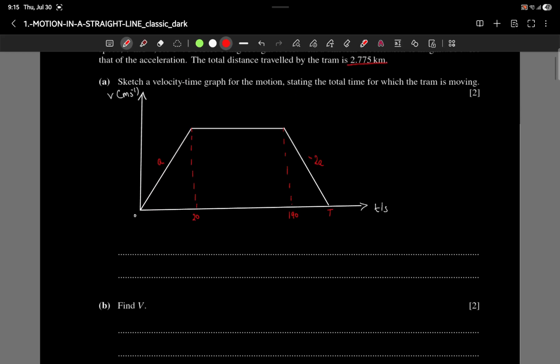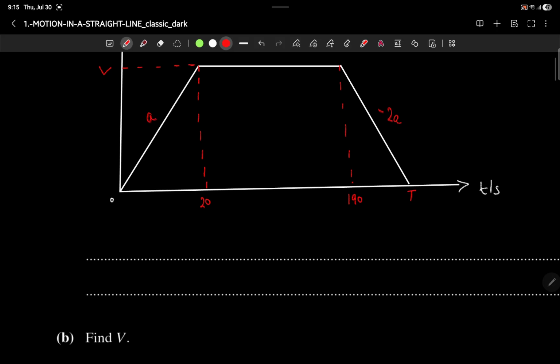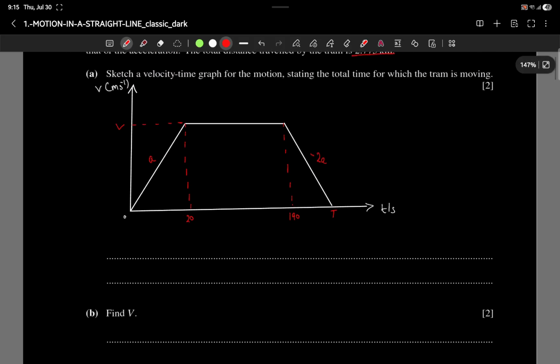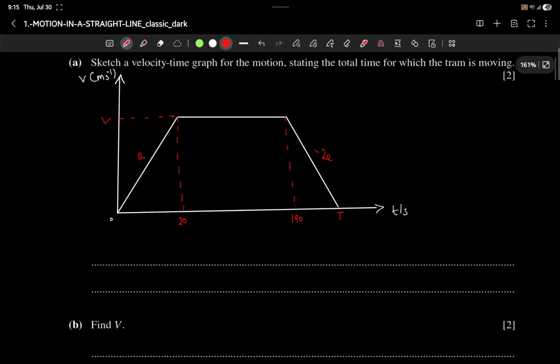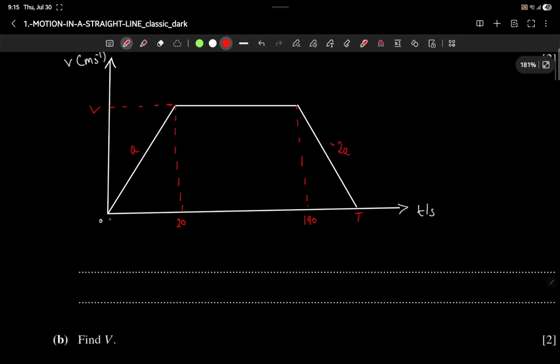Now find v. So v is this constant speed over here. How can we find v? There is one way we can find v. The first step is that from here to here it's 20 seconds. Acceleration is a.